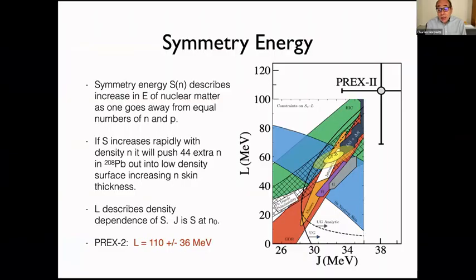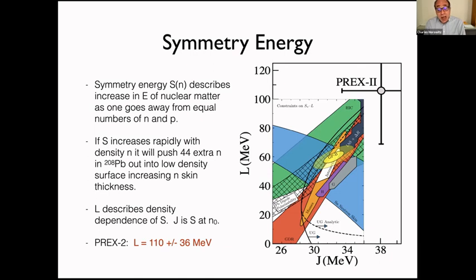So let me put up the symmetry energy plot, and maybe that's a good way to discuss your question. There are a bunch of different observables plotted here, or these are correlations based on different observables.